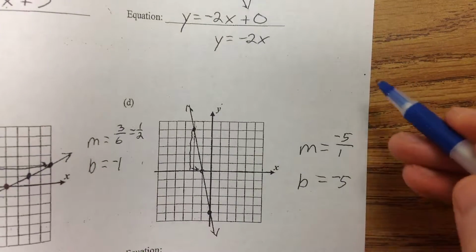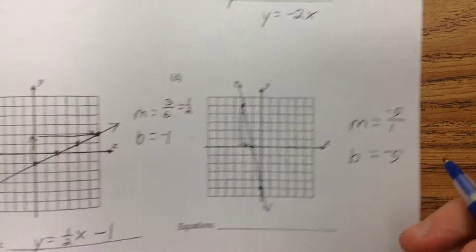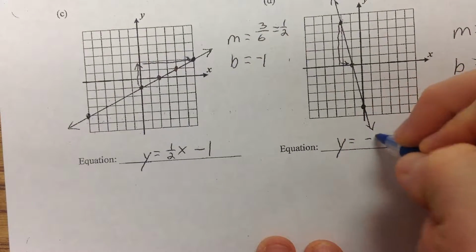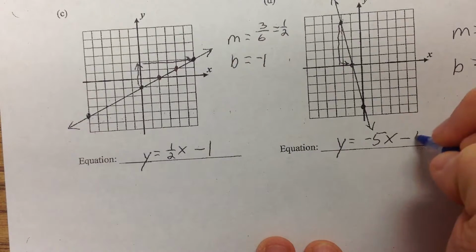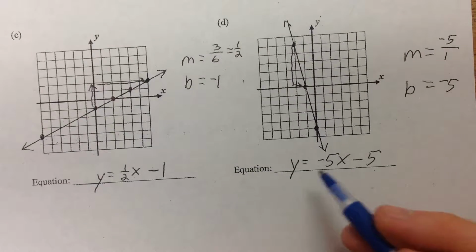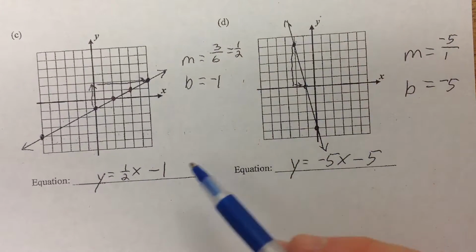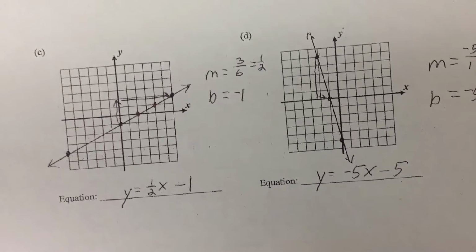So I've got negative 5 over 1, which again I could just write as negative 5. So when I'm bringing it down here, it's just going to be y equals negative 5x minus 5. Okay, so that's how we kind of do these when we have a graph and we're trying to come up with the equation. Let's take a look at the back because the back's a little different.